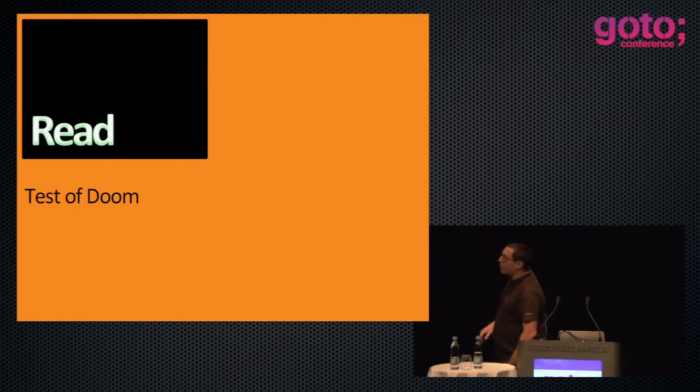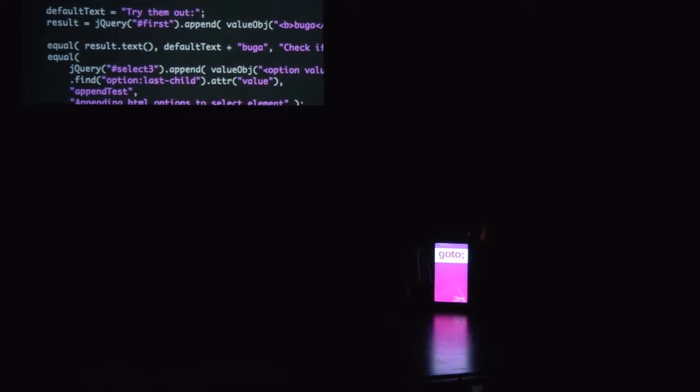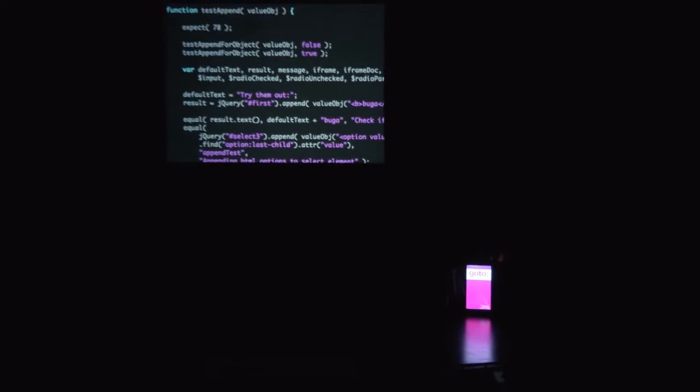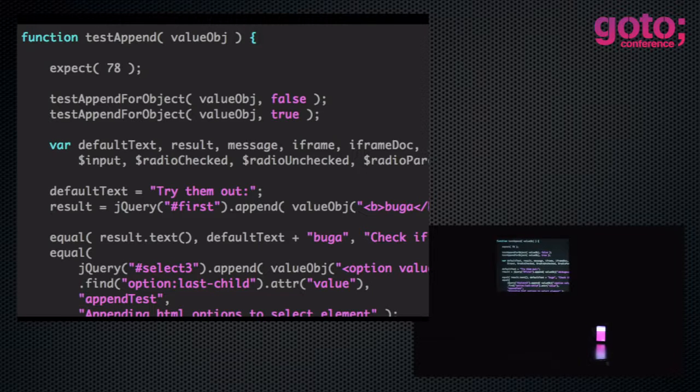Here is an example that I call the test of doom. Okay, lights. Okay, this is the test of doom right there. And when I looked at this test at the beginning, what I saw is this. First of all, 78, we talked about this. But then, remember, this is a very, very long test. At some point, you start understanding that this test is a big, big suite of tests.